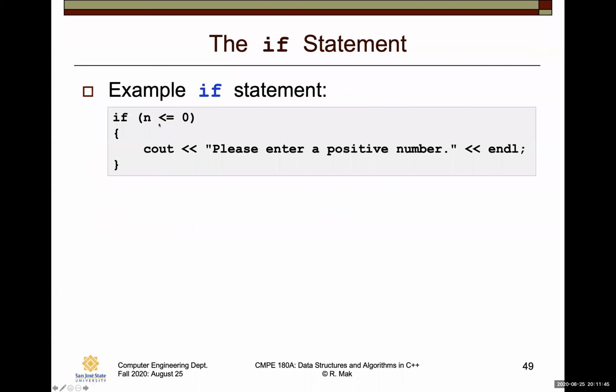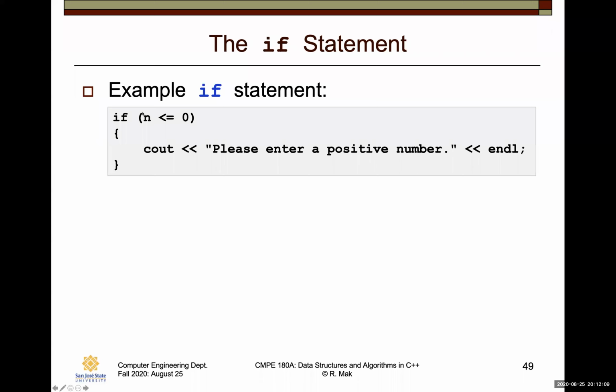Okay, so you have if, and then some Boolean expression that returns either true or false. So if n is less than or equal to 0, then you want to write out this message. That's an example of what's known as a conditional statement.